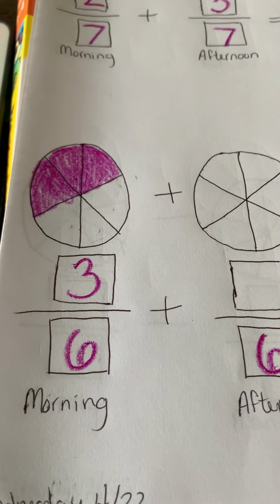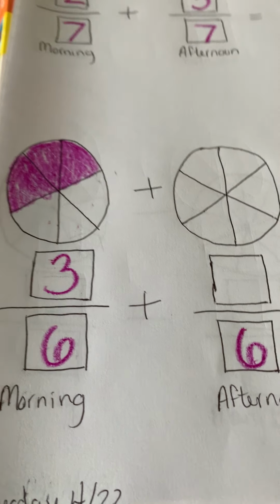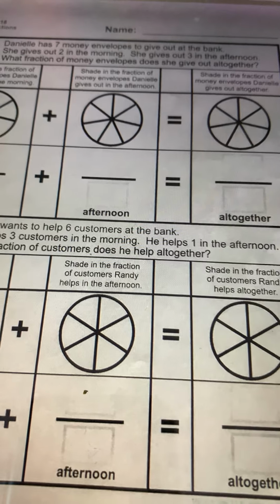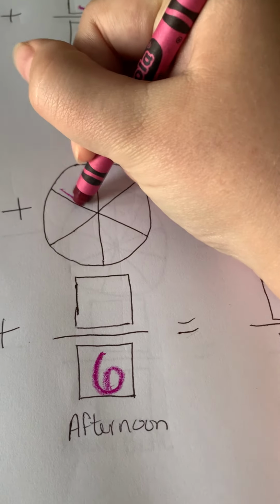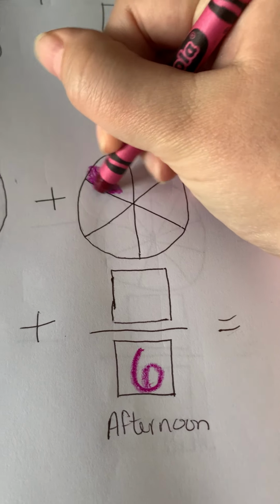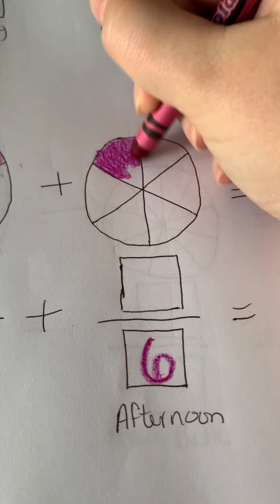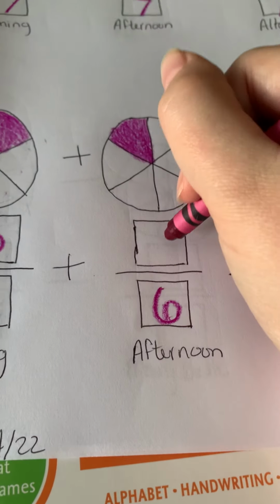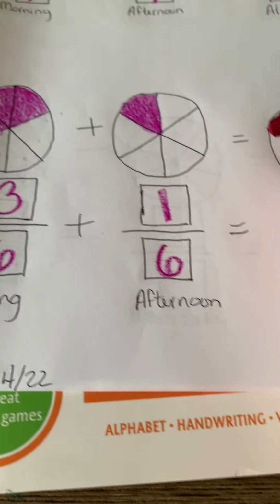So in the morning, he helped 3 out of the 6 customers. And then in the afternoon, he helps 1 in the afternoon. So we get to color in 1 pie slice. Okay, and we put a 1 down here.